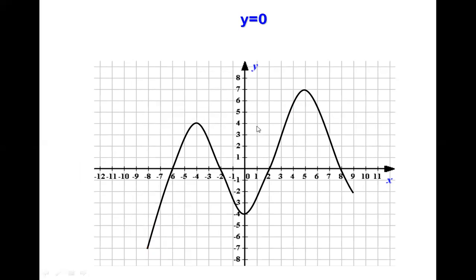For example, number 3, y is 0. Find the point if y is 0. x is 6, minus 2, and 8.